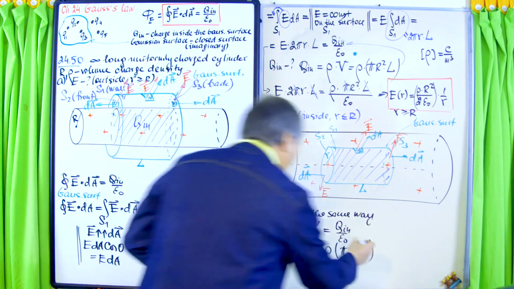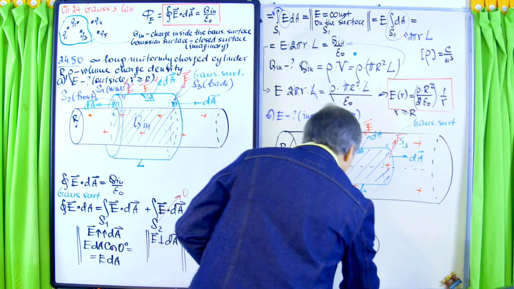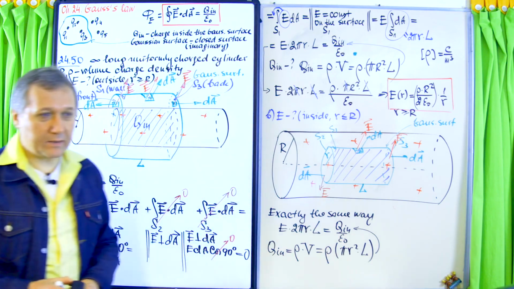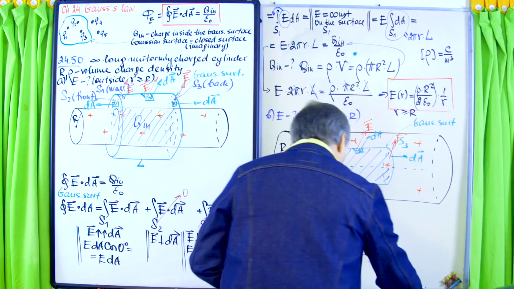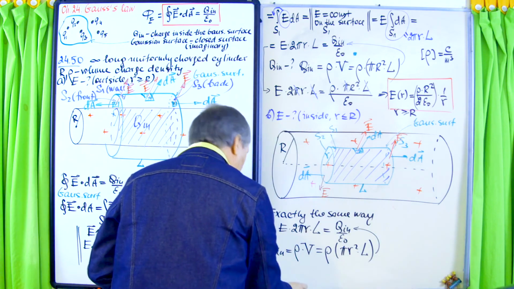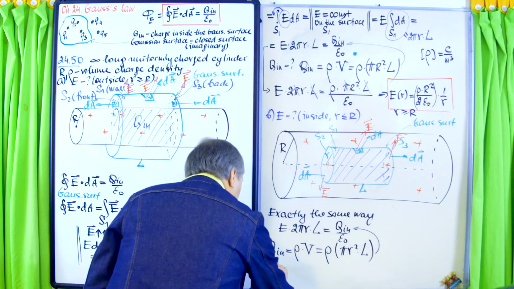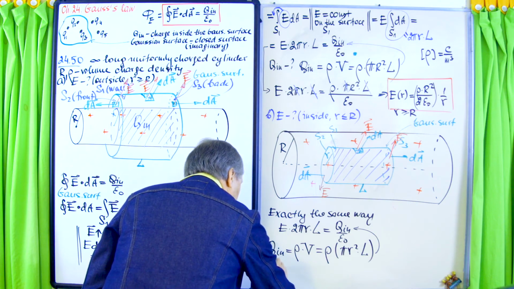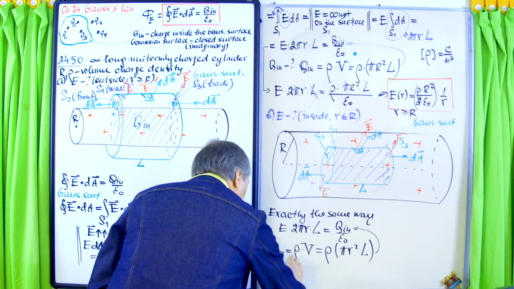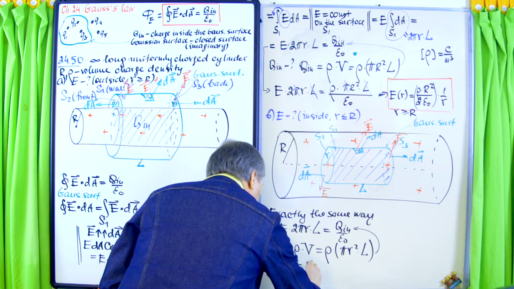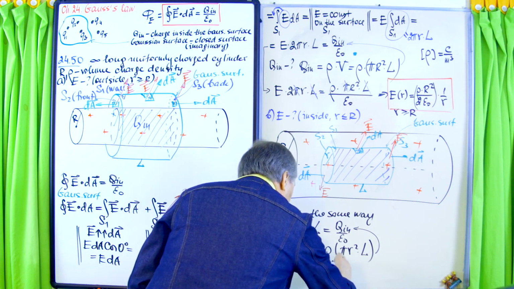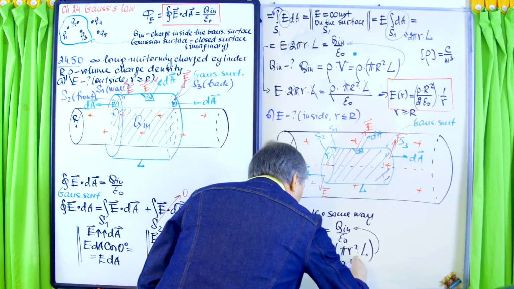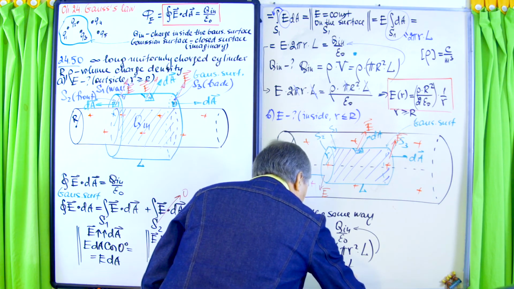So now we just need to plug it instead of Q enclosed, and we will get the expression for the electric field. Okay, let me do the last line, and the rest I will discuss on Wednesday. E times 2 pi r L equals rho pi r squared times L divided by epsilon naught.